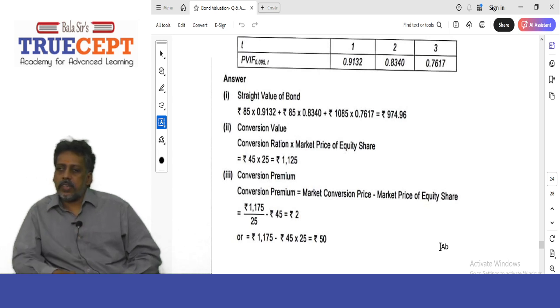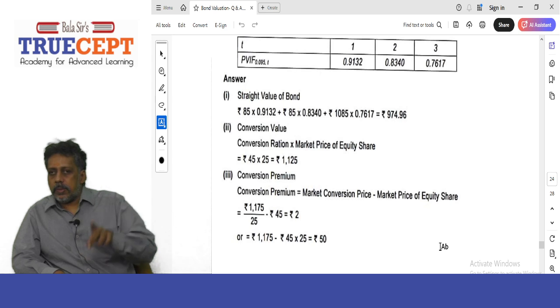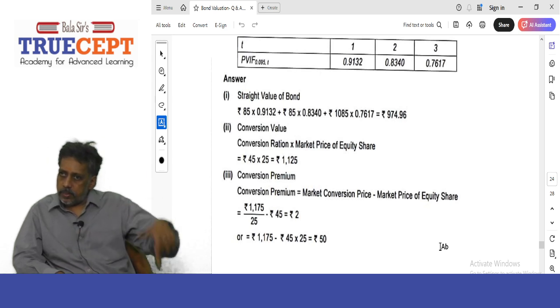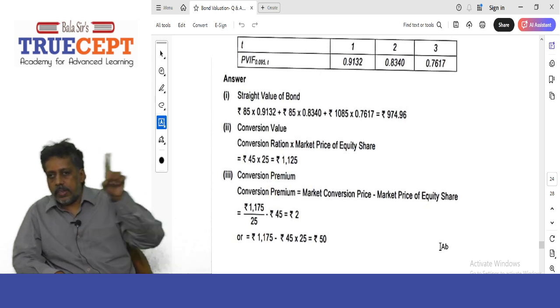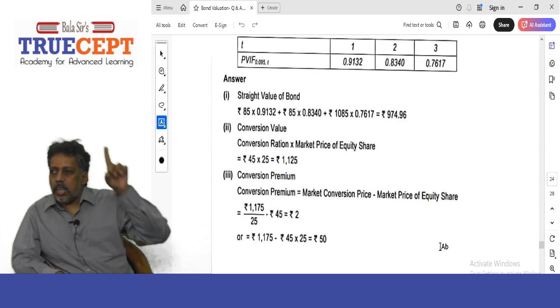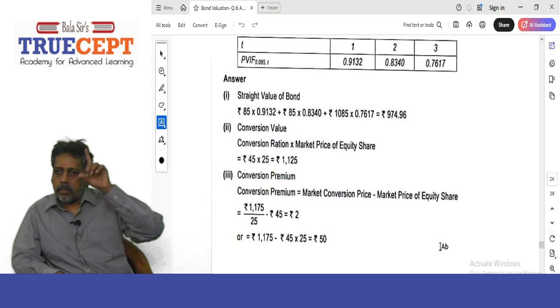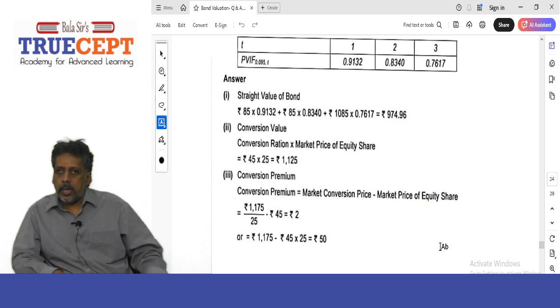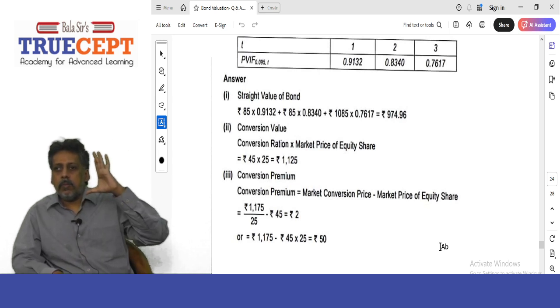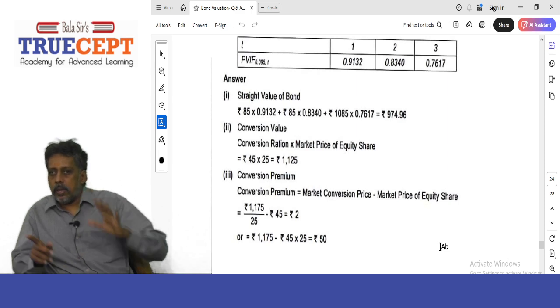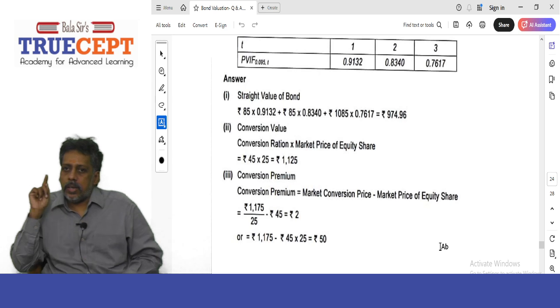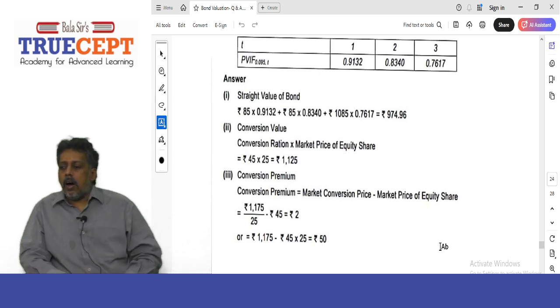And the third question asked, conversion premium. Remember, conversion premium you can find on a per share basis, and also you can find the percentage. So what is the formula for the conversion premium per share? You take the market conversion price of a bond minus the market price per equity share. So how to find the market conversion price? Very simple.